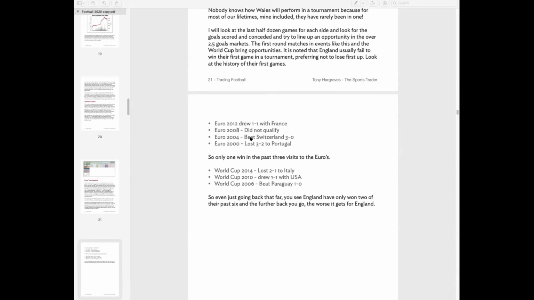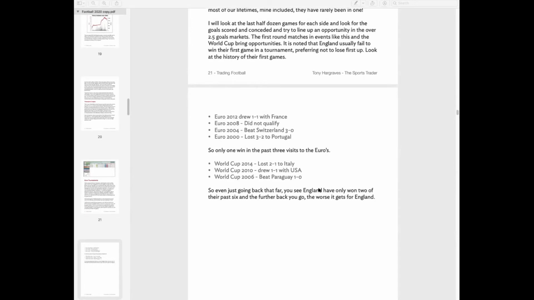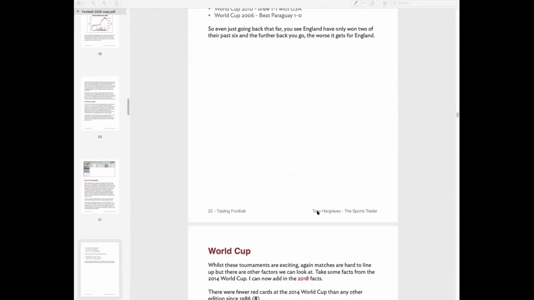They did have a win in 2004, and they lost to Portugal. So one win in the past 3 visits to the Euros. Then in the World Cup, they lost 2-1 to Italy. They drew 1-1 with the USA, and they beat Paraguay back in 2006. So even going back that far, you can see England have only won 2 of their past 6. And the further back you go, the worse it gets.